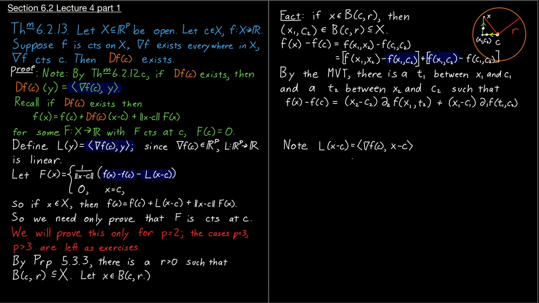What's that equal to? That's equal to partial 1 f of c times x1 minus c1, and then partial 2 f of c times x2 minus c2. And that indeed looks an awful lot like the thing we've got up here. It's just that instead of having c's inside the partials of f, we've got x1, t2, and t1, c2.